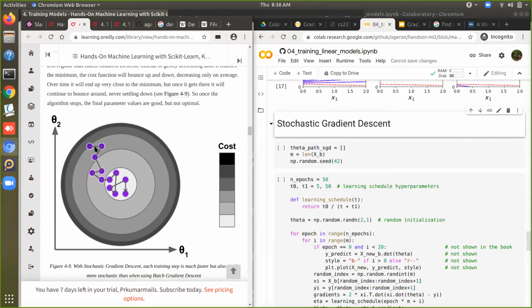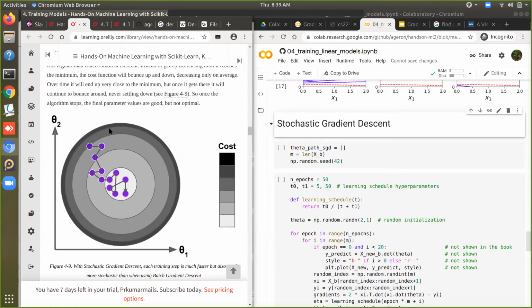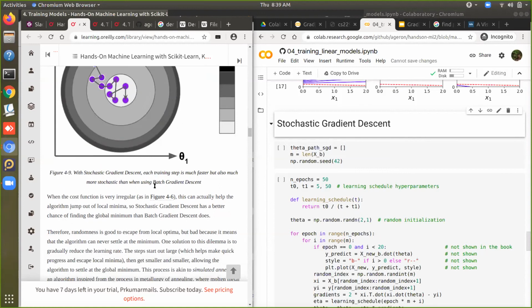For each and every instance the parameters get changed, so accordingly we get to the optimal point. The input that we receive is very random, so the path it takes in stochastic gradient descent is also very random.